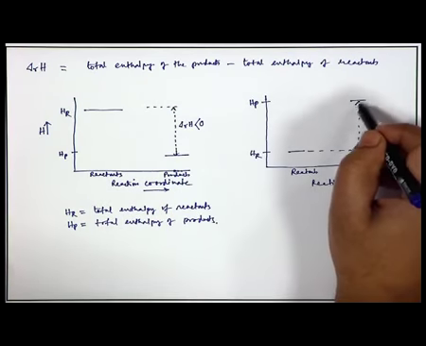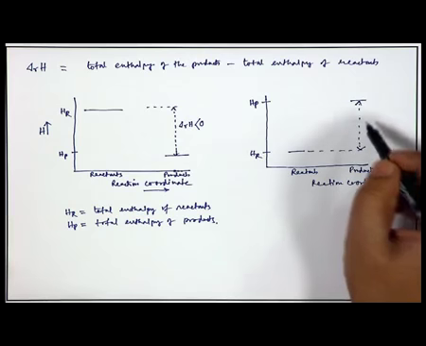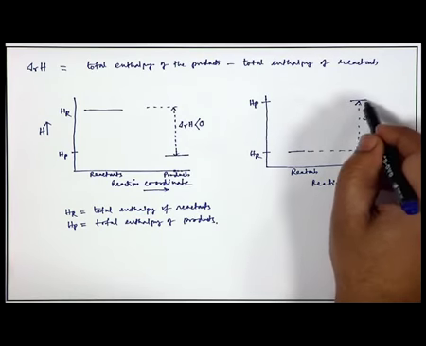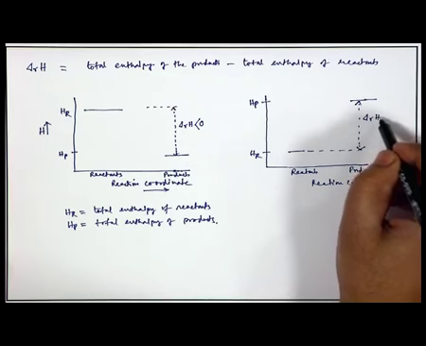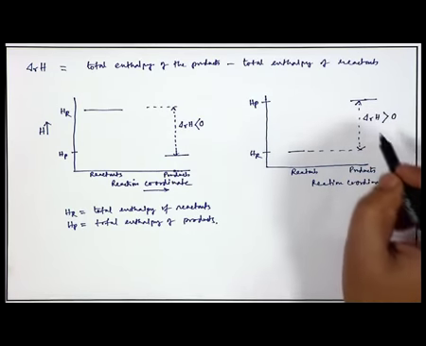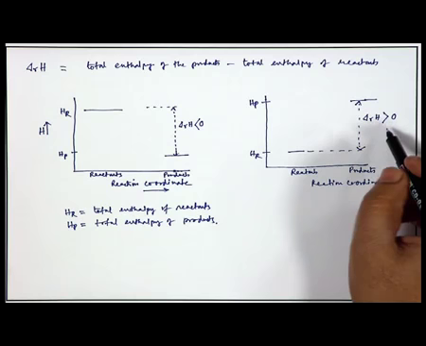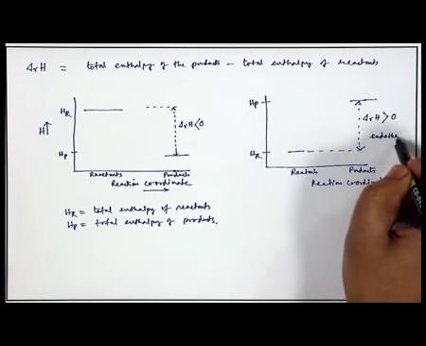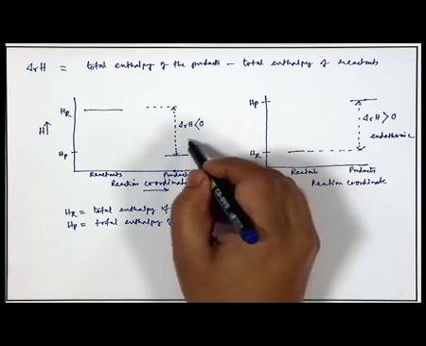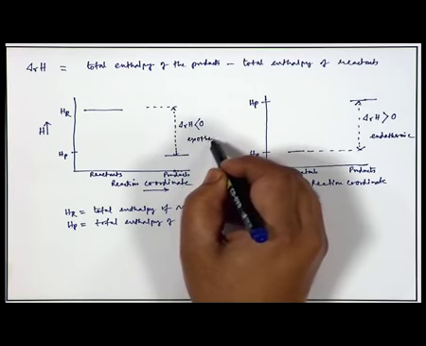This is the product total enthalpy minus the reactant enthalpy, so the enthalpy of reaction is greater than 0. So, this is an endothermic reaction, and the earlier one is an exothermic reaction.